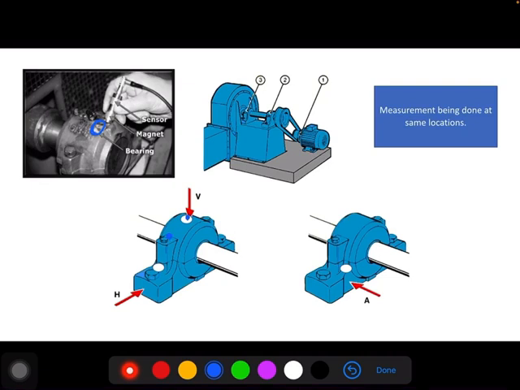So measurement should be done at the same location, then you get repetitive readings. For any machine you need to mark the measuring locations for vertical, horizontal and axial, and put the vibration sensor only at those locations, then you get good trending analysis.